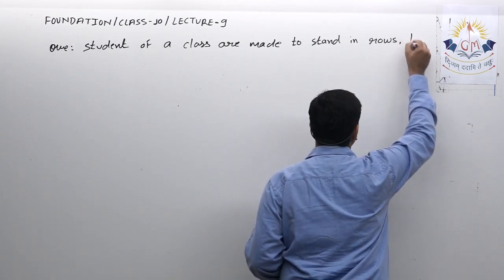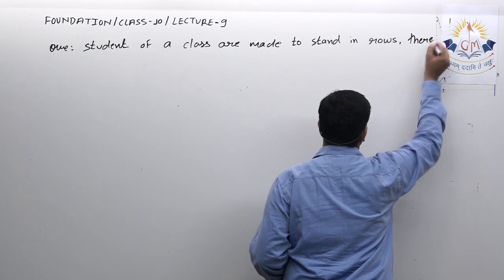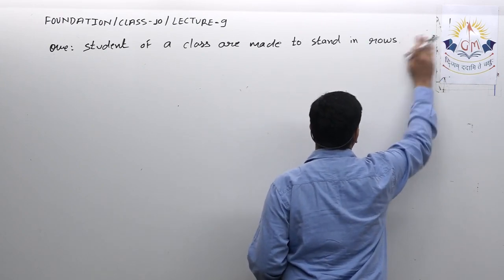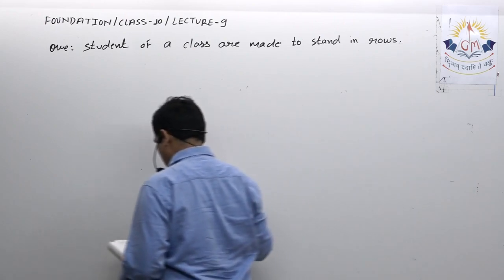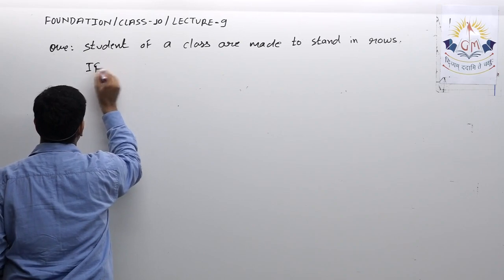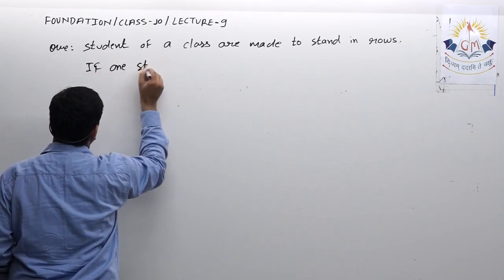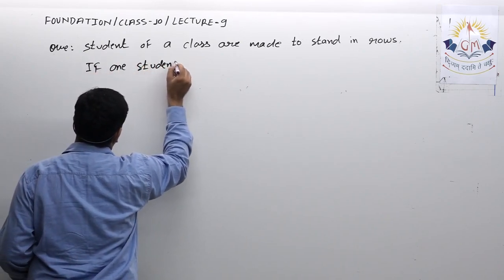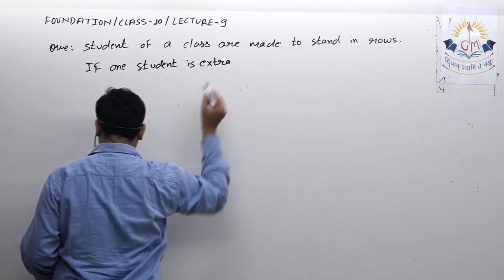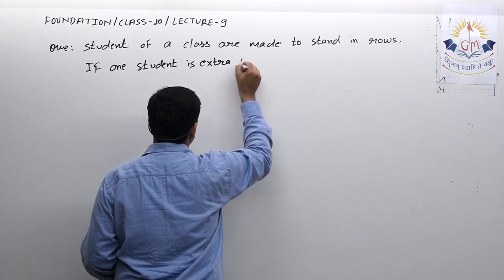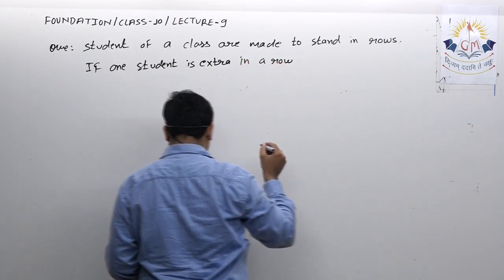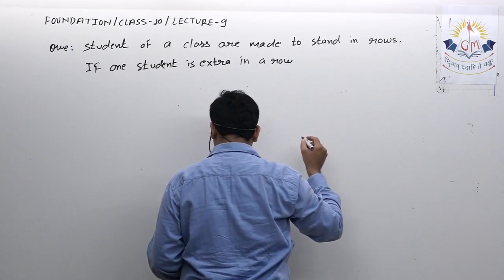If one student is extra in a row, there would be two rows less.